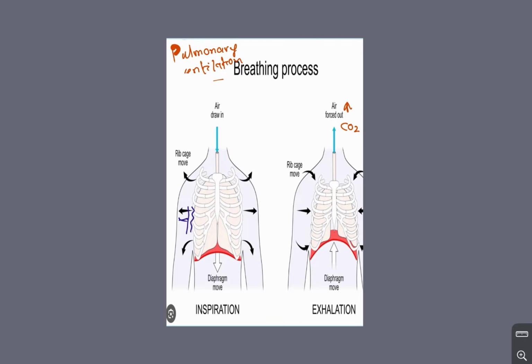The rib cage was moving outward, and the muscles here contracted. Now if the intercostal muscles just relax, and the diaphragm also relaxes to its original position, they compress the lungs. So this compression can easily bring out the air from the lungs to the atmosphere.